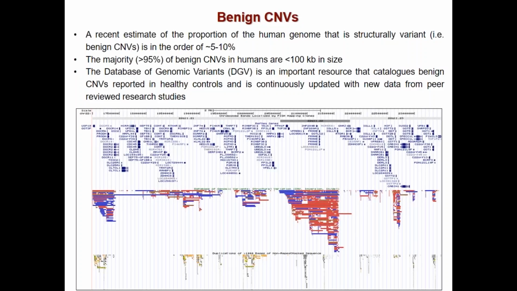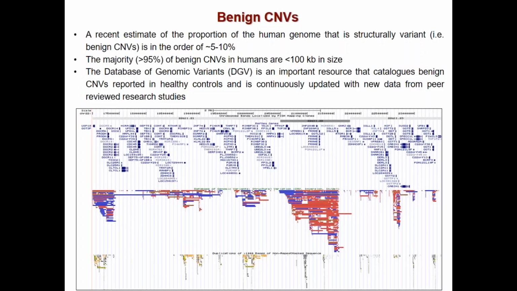These are structural elements in the human genome that make it sometimes prone to these kinds of structural rearrangements. And this track here with the blue and the red bars shows the benign CNVs in the human genome. The blue ones are duplications and the red ones are deletions. And these are actually from different individuals.